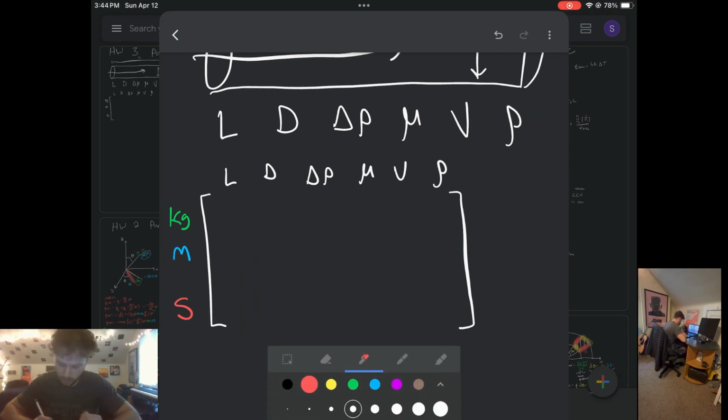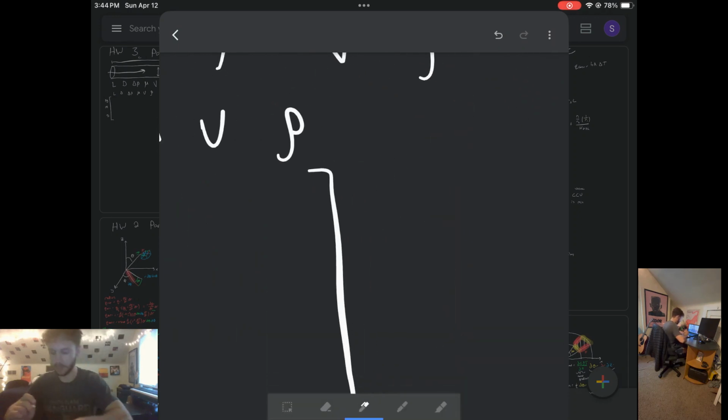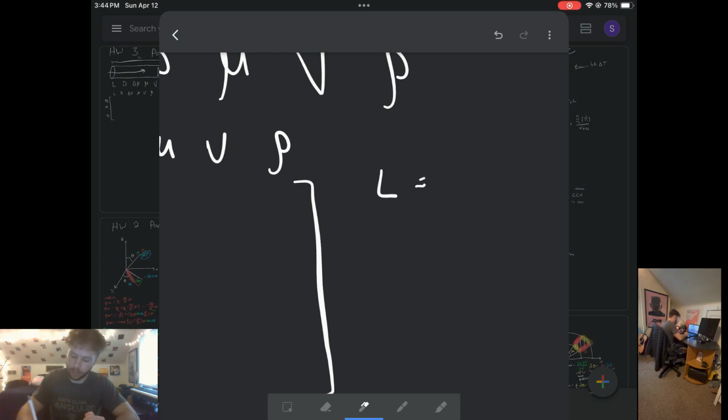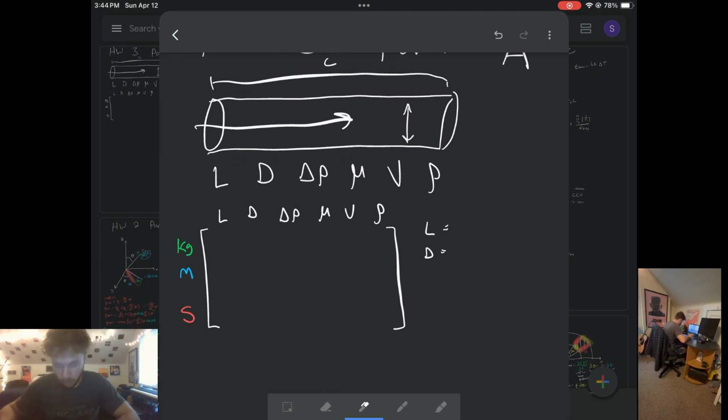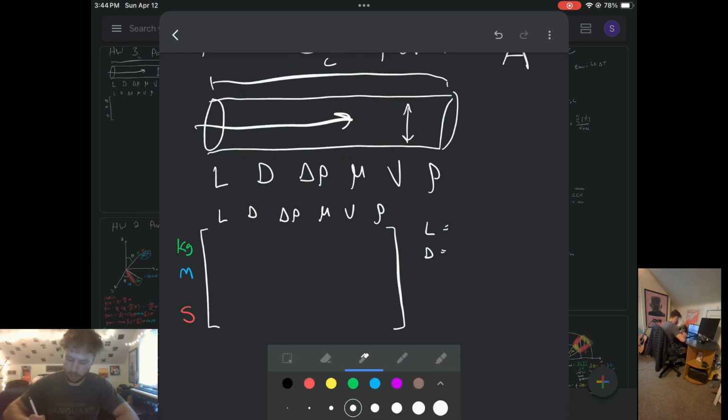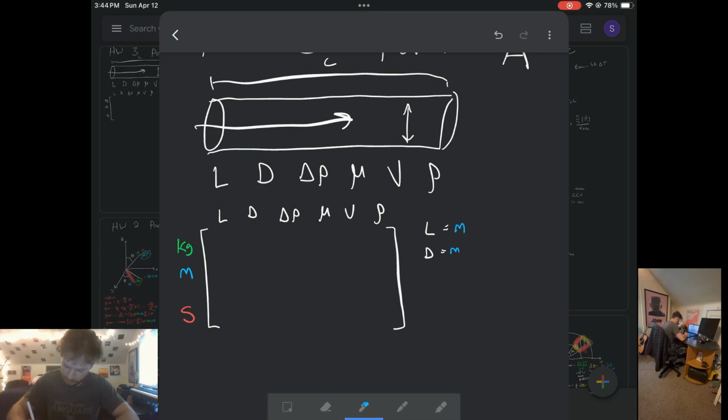Okay, so our length and diameter are the 2 most straightforward. They will just measure our length and our diameter, which will only be in units of meters. There's not much else to them.